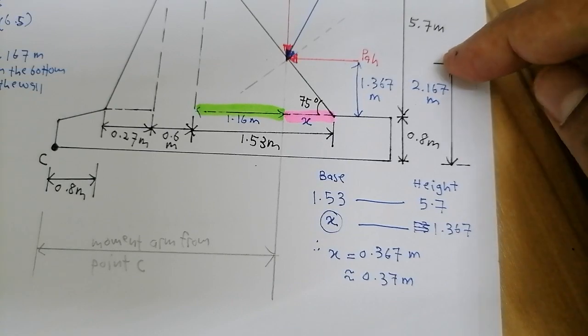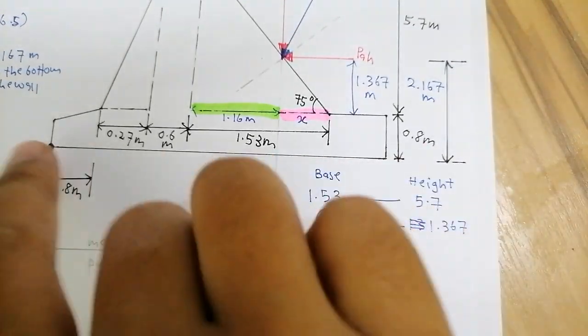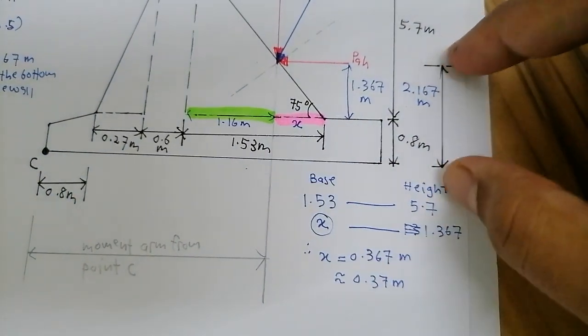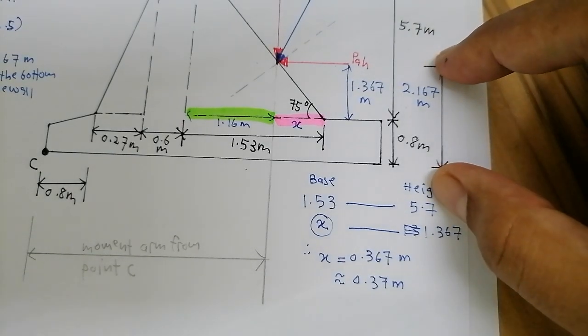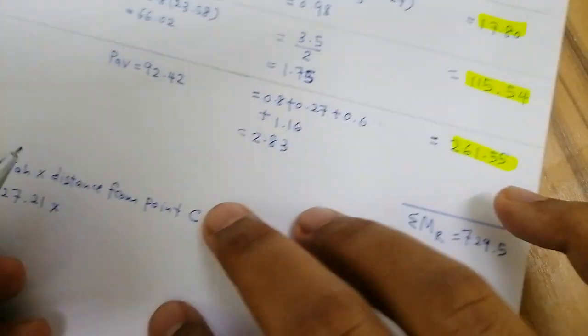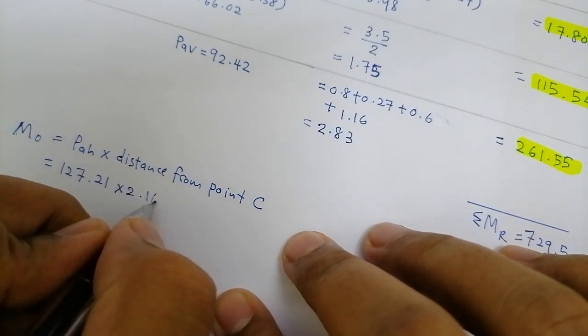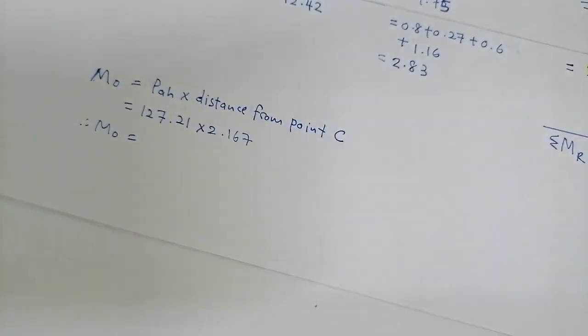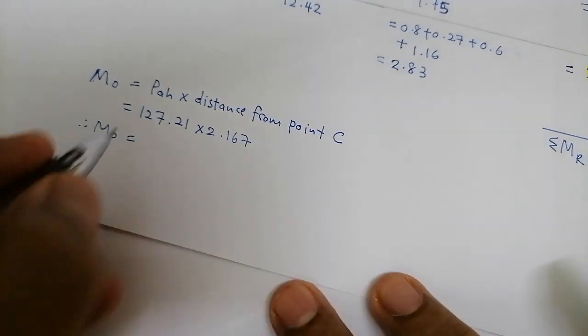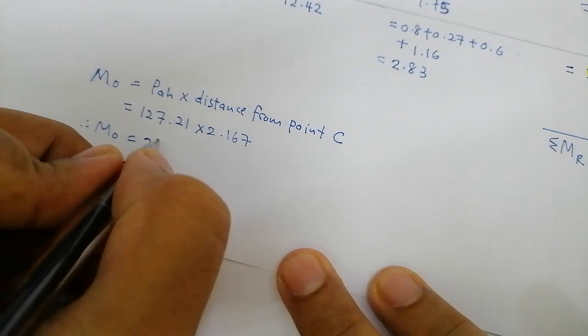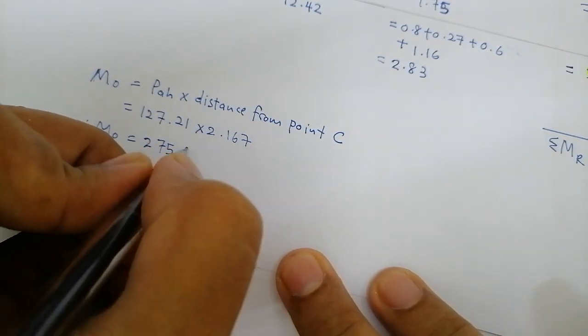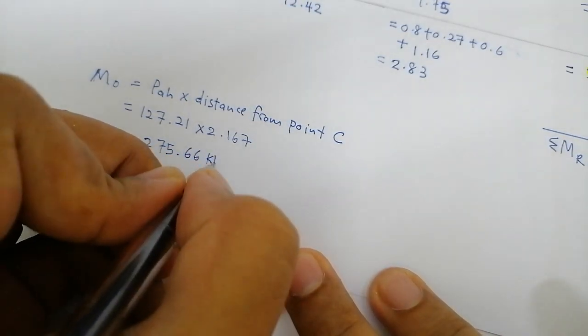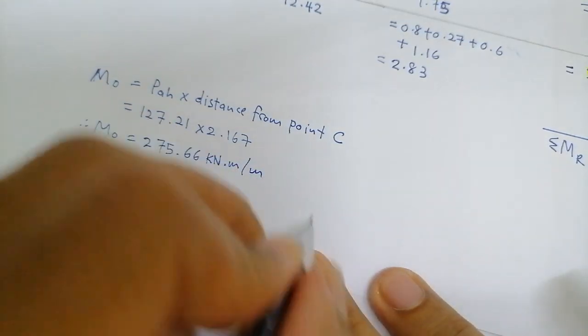All right, so this distance from C, in a vertical direction, 2.167. Therefore, moment overturning equals to 275.66 kilonewton meter per meter.